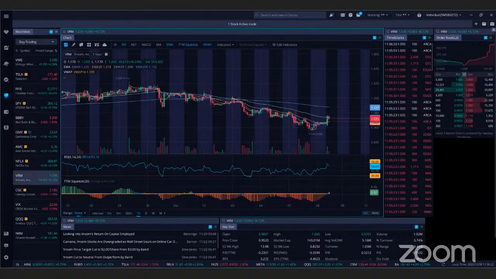Michael asked, the 9 EMA is under 20 and getting a distance below, what is that indicating on SPY now? Good question.